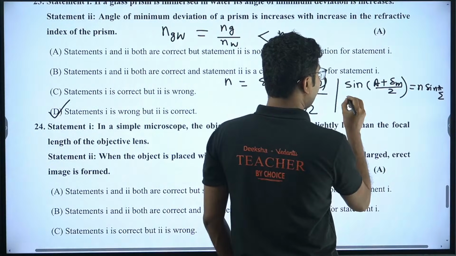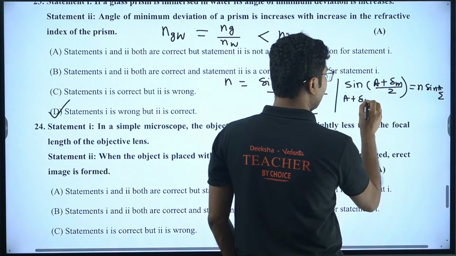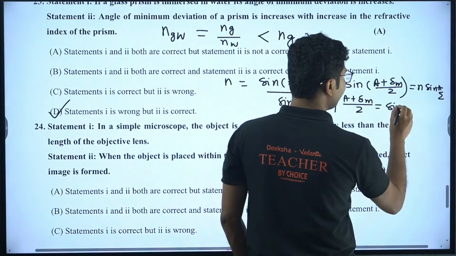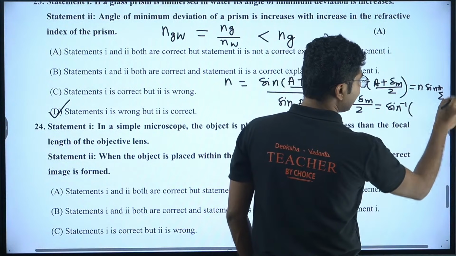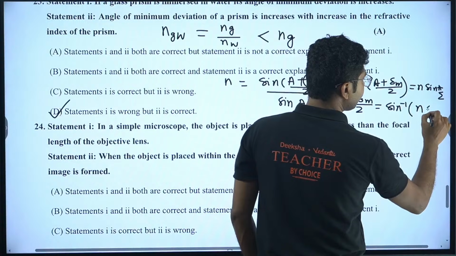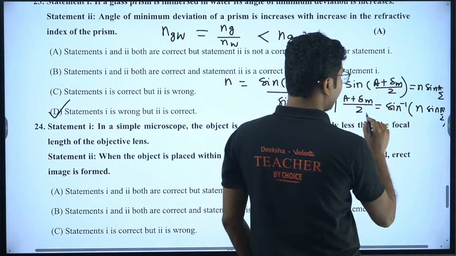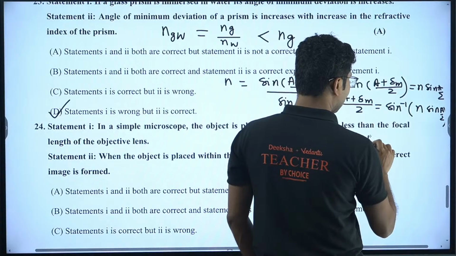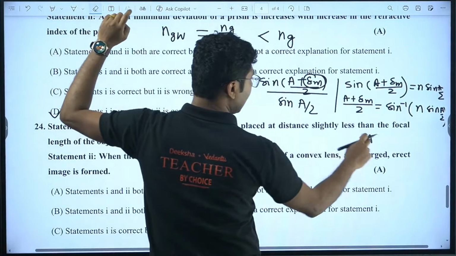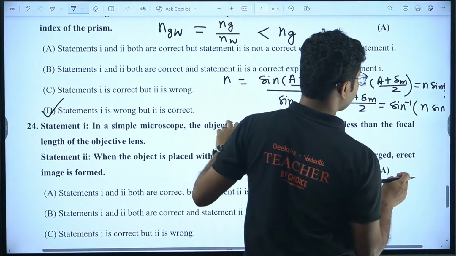Or you take sine inverse on both sides and you get (A plus delta m) by 2 equals sine inverse of this entire thing, n into sine A by 2. Or you can write that delta, I do not have enough space over here.